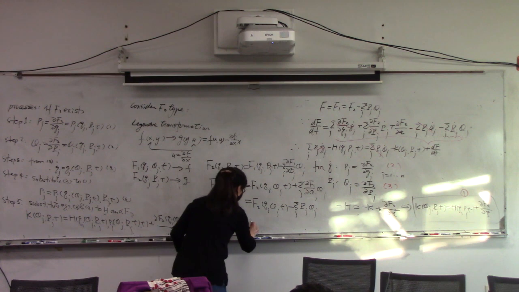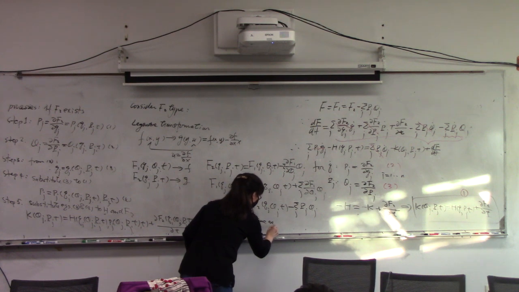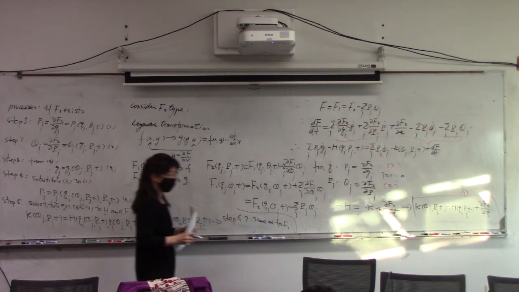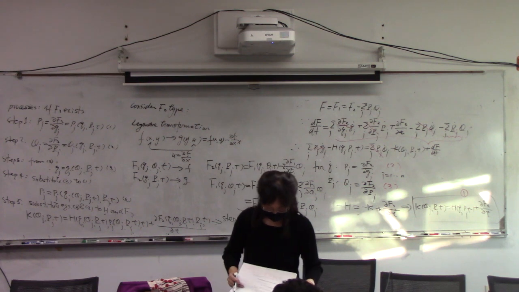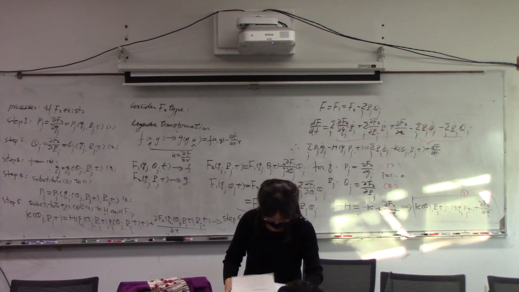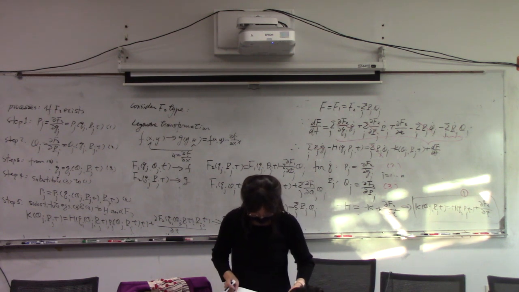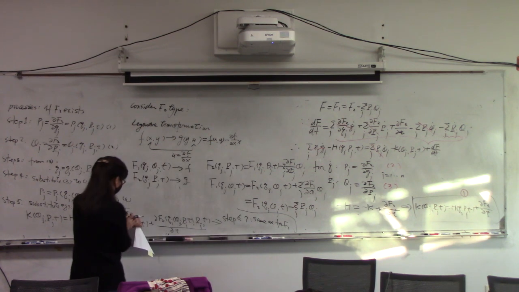So this is the same as for F1. You just follow the F1 you already discussed in detail, so you can get this. F2 is the same thing. Now that is the F2 type.